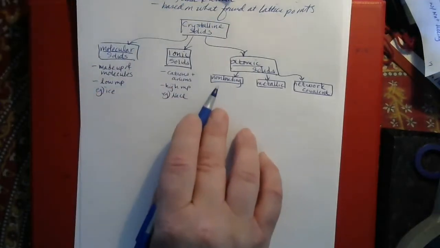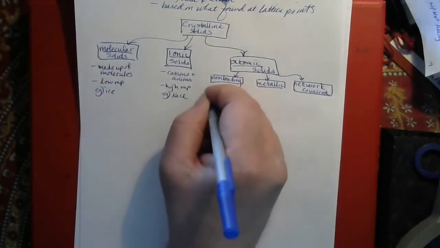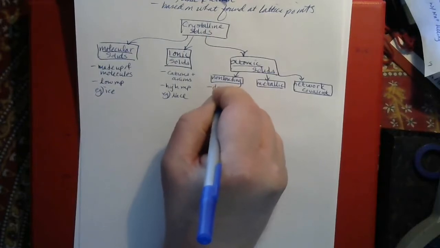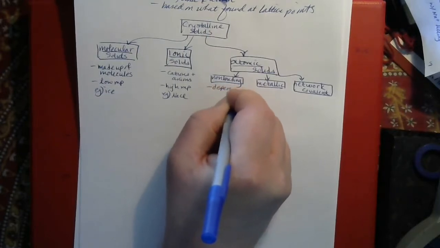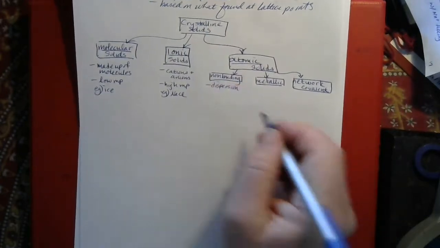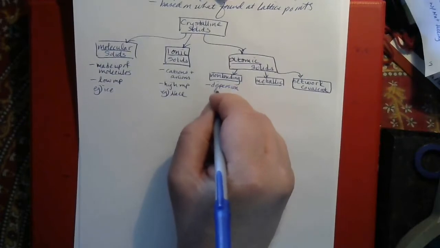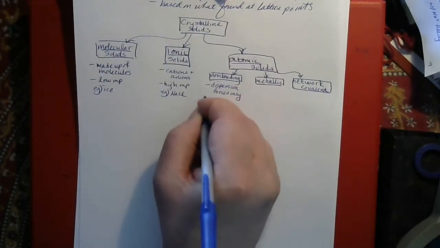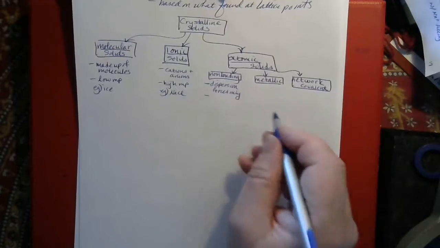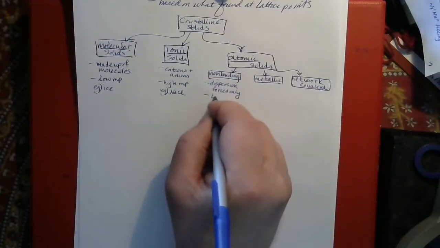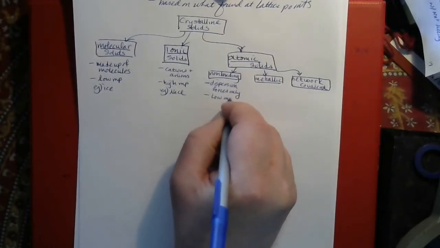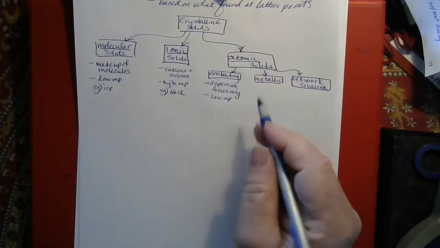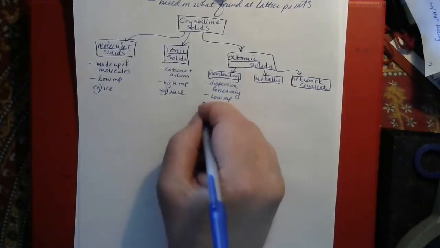So first of all, non-bonding atomic solids are the types of solids that have dispersion forces only. And from that, you can probably gather that they're fairly weak. They have low melting points.